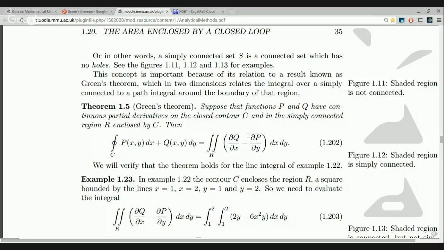I don't normally see summations written like this, but we're summing over all exterior edges of the integrals over each of these edges, p dx plus q dy. When I integrate over this collection of rectangles, the only ones that survive are the integrals around the exterior edges. All of the interior ones will have cancelled out.